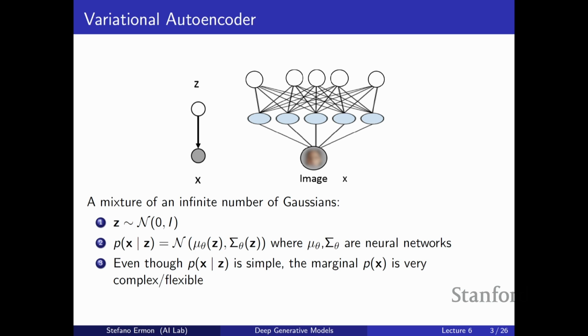You can think of it as a mixture of an infinite number of Gaussian distributions: for every z there is a corresponding Gaussian. So to figure out the probability of generating a data point x, you would have to integrate over all possible values of the latent variables and see the probability that each latent variable would give you this data point. That gives you a lot of flexibility.